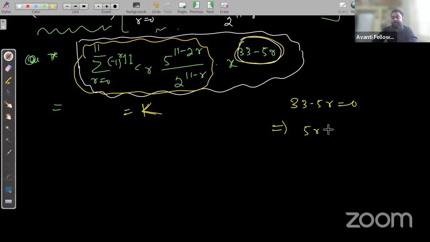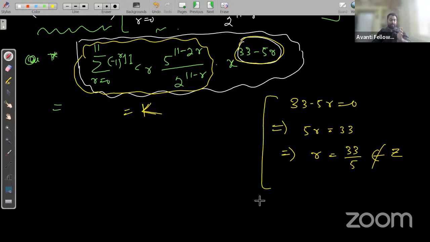So 5r is 33, so r is equal to 33 upon 5, which is not an integer. It does not belong to the set of integers. That means in this case we will not get any term which is independent of x, because r cannot be non-integer. It must be an integer. So r is a non-integer.